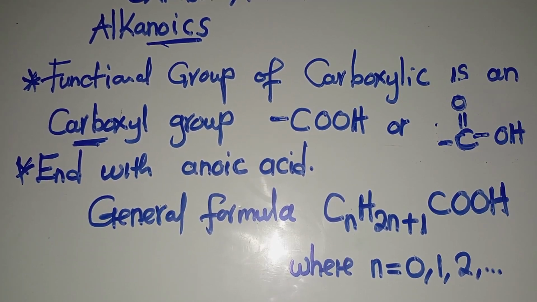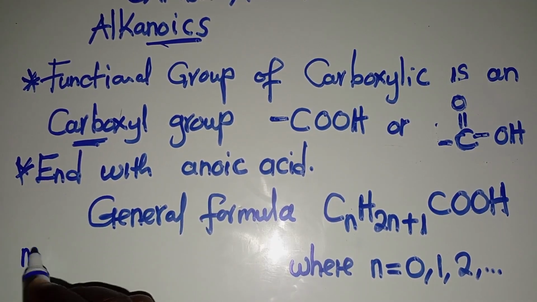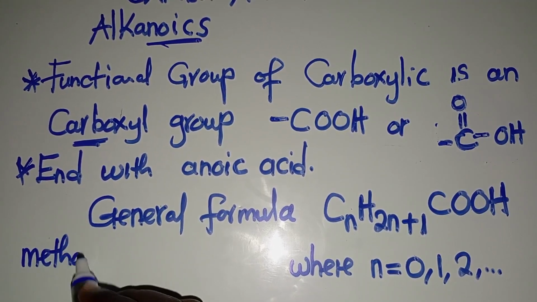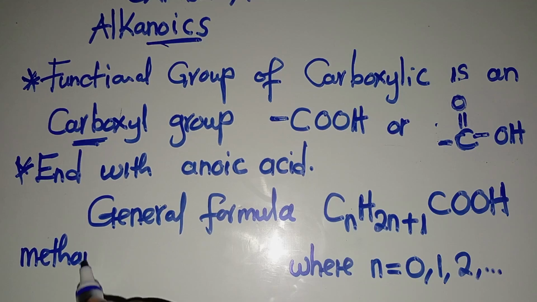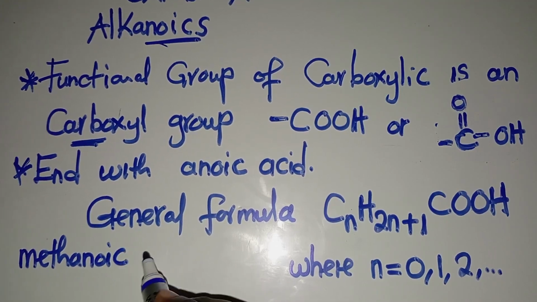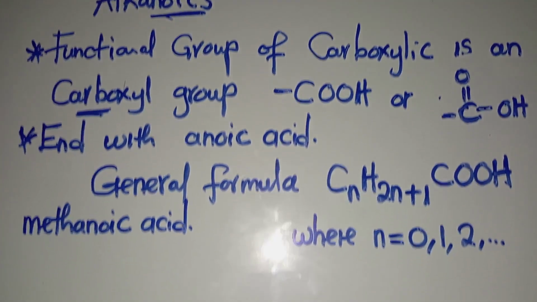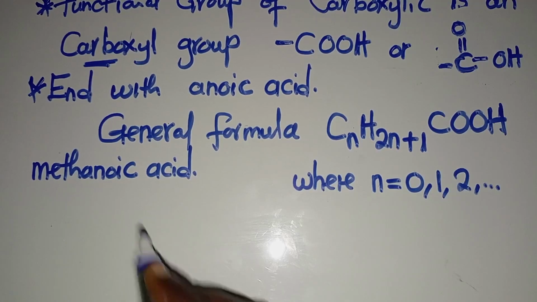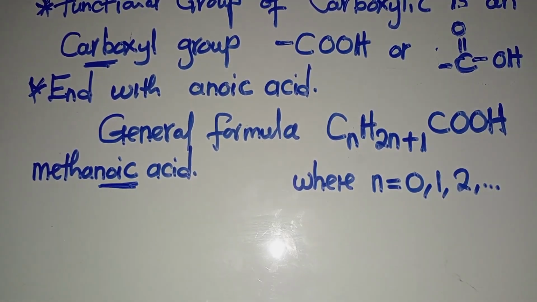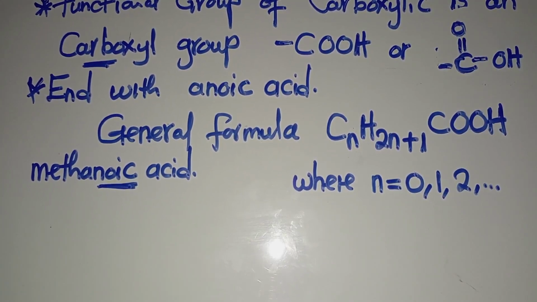So this is to tell you that if I want to write something like methanoic, meth, I put anoic. So methanoic what? Methanoic acid. How do I write methanoic acid? I know meth meaning carbon atom is 1.